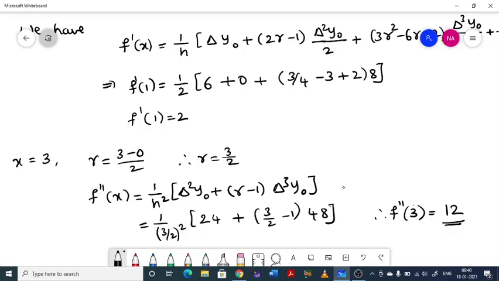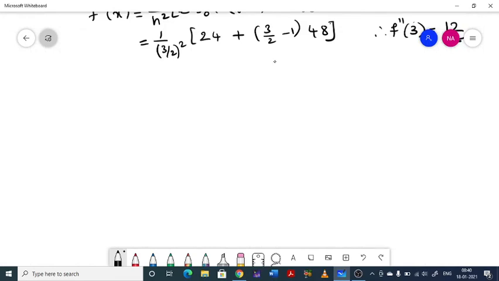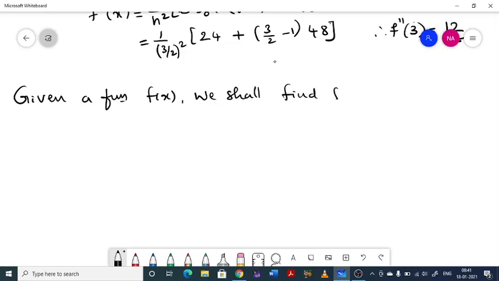So this is about the numerical differentiation using Newton's forward interpolation formula. Under this Newton's forward interpolation formula, you also get problems on maximum and minimum values. Given a function f of x, we shall find its first derivative, f dash of x, and equate it to 0.